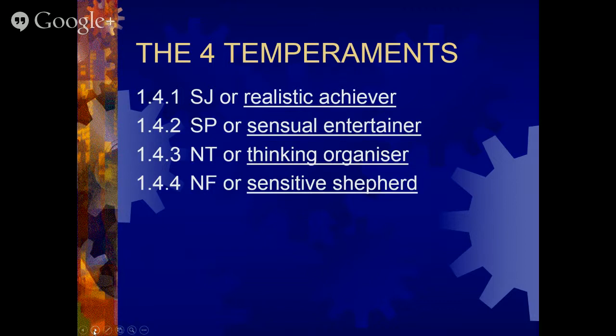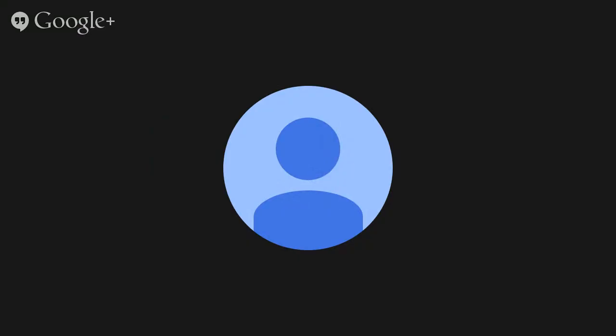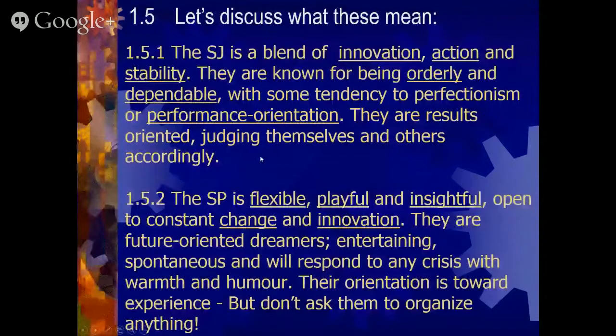So here is what they mean. The SJ, if you're one of those, you would probably be an innovative, action-orientated, but stable person. These are people who are known for being orderly and dependable, with some tendency to perfectionism or performance orientation. They are results orientated, and they judge themselves and others according to the results.